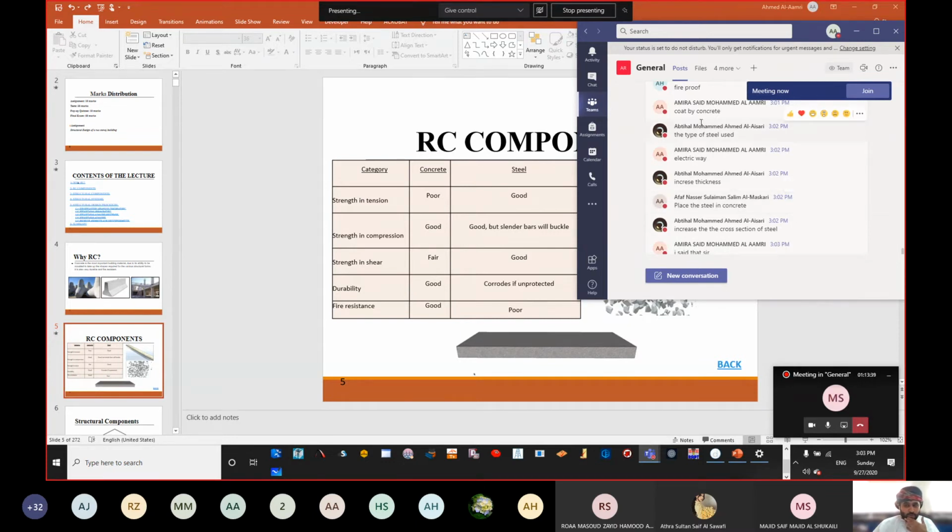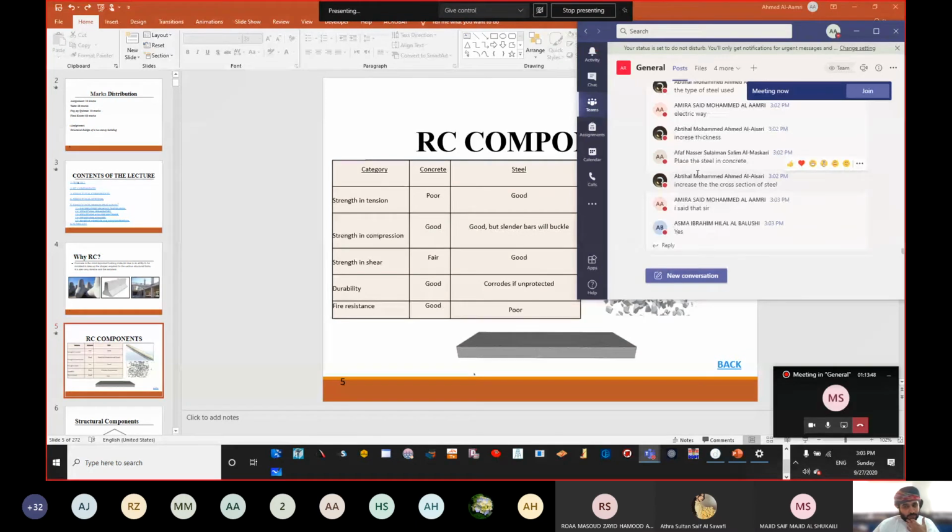Coating is not called coat by concrete. Coating is mainly for paints rather than encasing it.